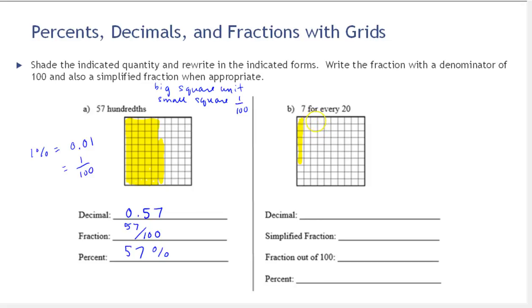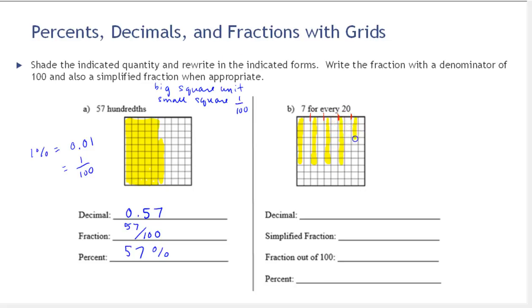Now let's just draw a few little lines here. So here to the left is 20 going all the way down. Okay, so I'm breaking them into groups of 20. And now for this 20, I'll shade 7. For this 20, I'll shade 7.